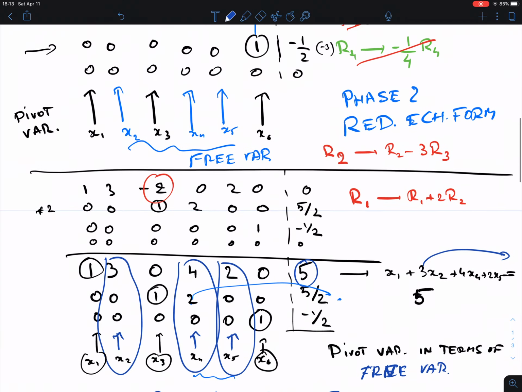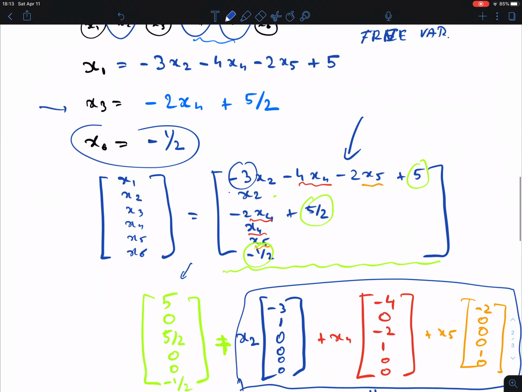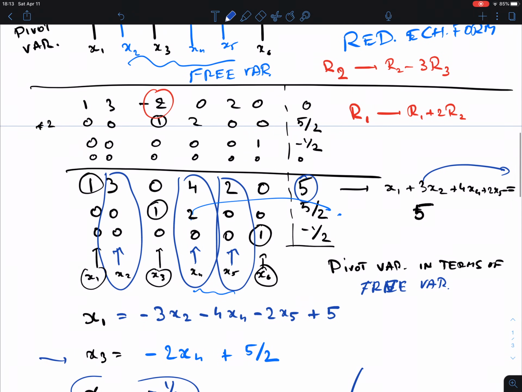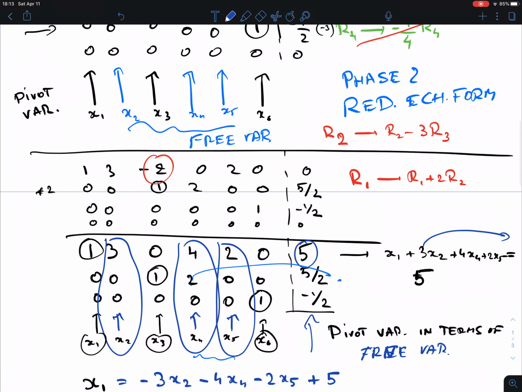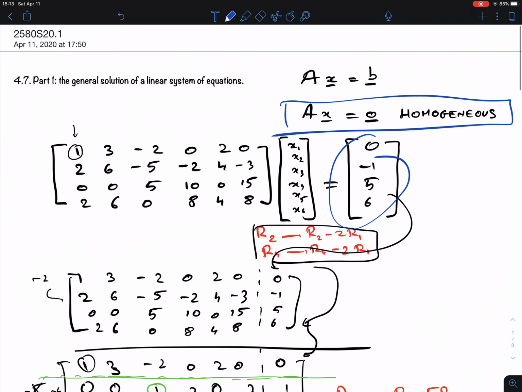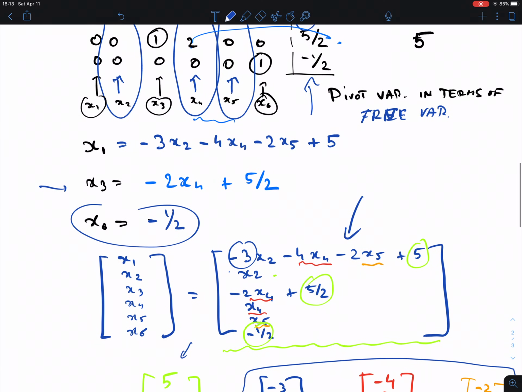Well, think a little bit about it. Where did these numbers, these light green ones, come from? Look at where they come from. They're coming always from the back column, this augmented column here, right? Trace it back and you see that's exactly where they're listed. Now what's the difference with the homogeneous system is that this back column would be just zeros, and therefore we would just have zeros there.